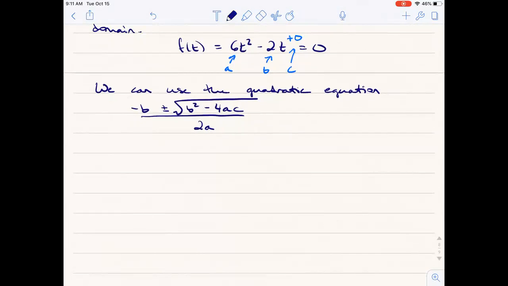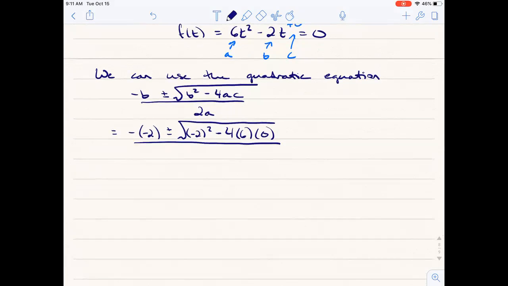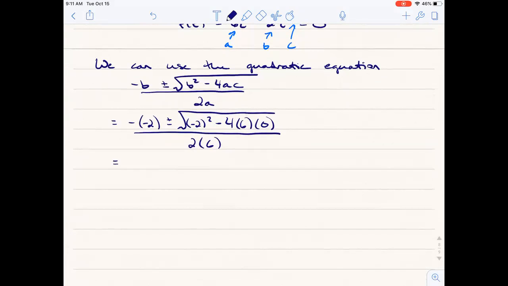All right, so we get negative negative 2 plus or minus the square root of negative 2 squared minus 4 times 6 times 0. Phew. Why would I say phew? Otherwise, we'd be taking the square root of a negative number, and that's not going to work. 2 times 6 in the denominator. And so we've got negative negative 2 is just 2, plus or minus the square root of 4 minus 0, over 12.